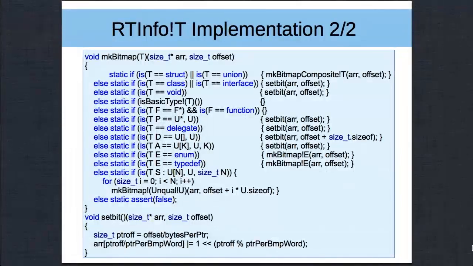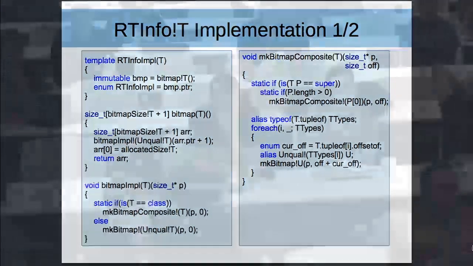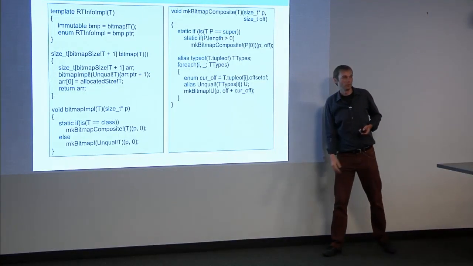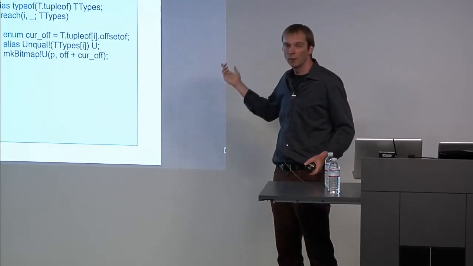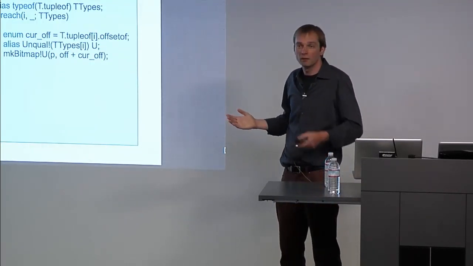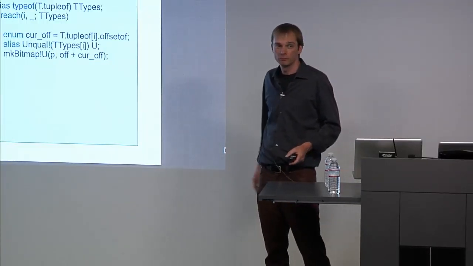Or if it's a union, it goes through the composite template. And here the offsets are always, for example, 0 for all the members. And then you have the binary OR of all those bitmaps, and you cannot really tell, does a user mean a value or a pointer?